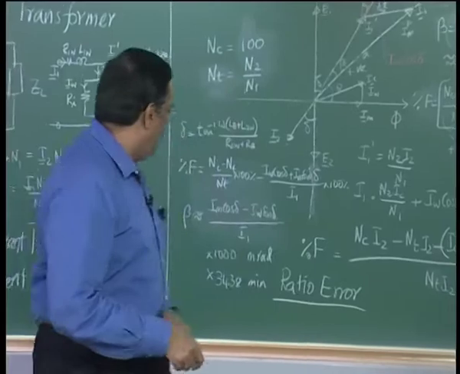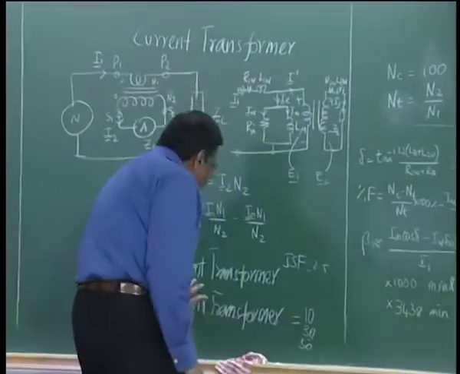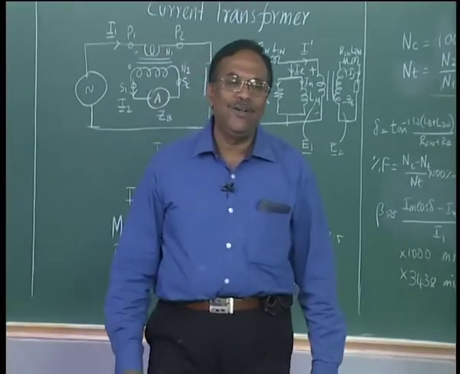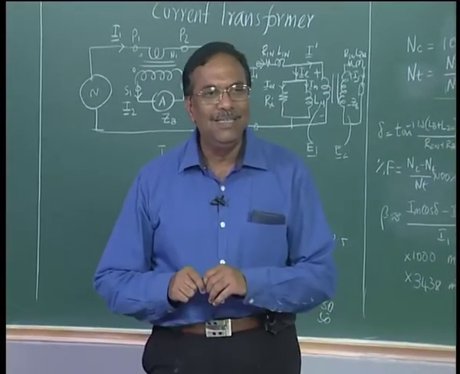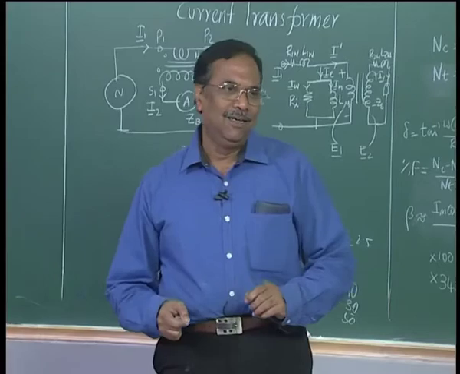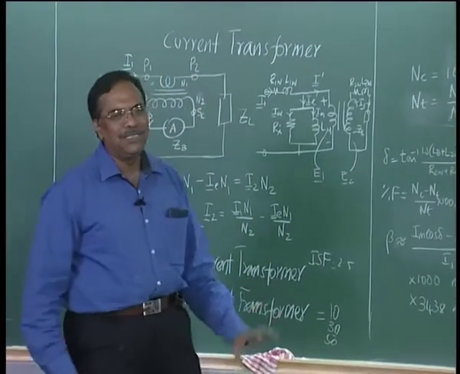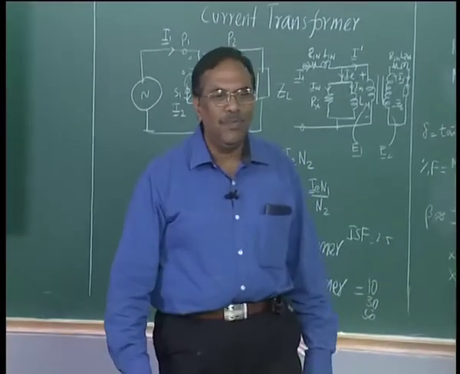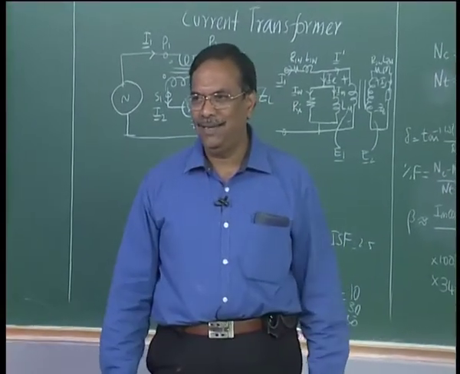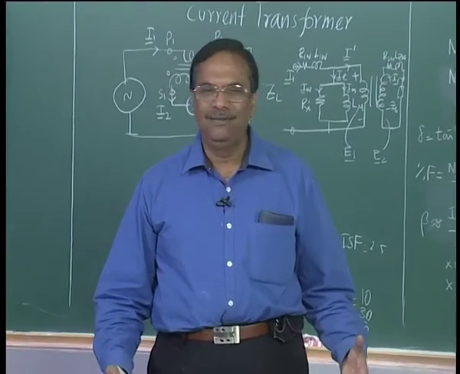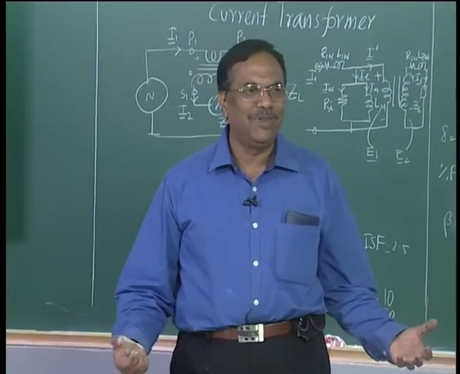So when we make a protection current transformer, we normally are not very much worried about the errors. The measuring current transformers people make even for 0.01% accuracy. On the other hand, if you look at the protection current transformer, I do not need 0.01% definitely.